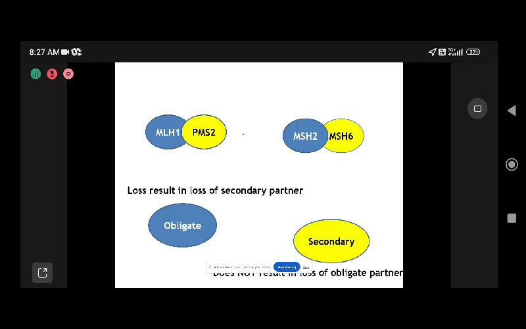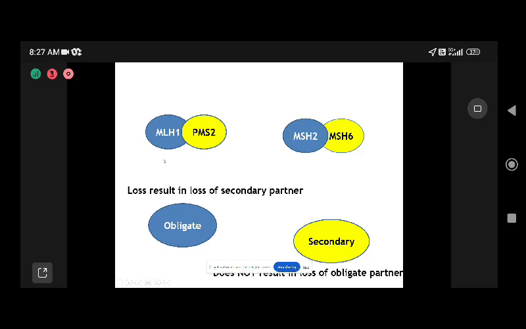That itself is a big topic on the basics. But what we see is that MLH1, PMS2, MSH2, and MSH6 are the 4 mismatch repair genes. Any defect in these will lead to mismatch repair defects.